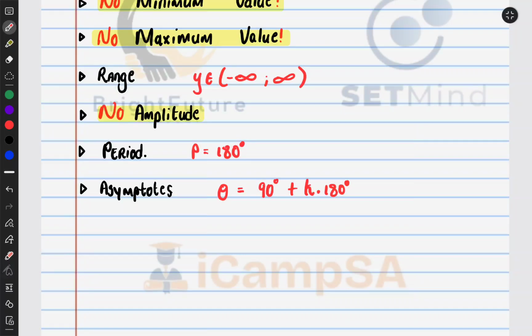Okay, that will be the equation of the asymptote, where k represents integer values.